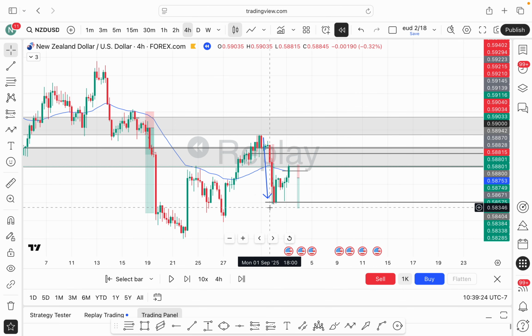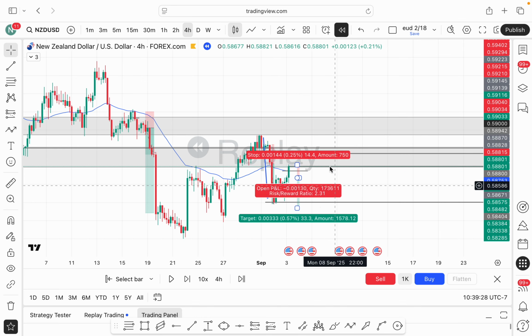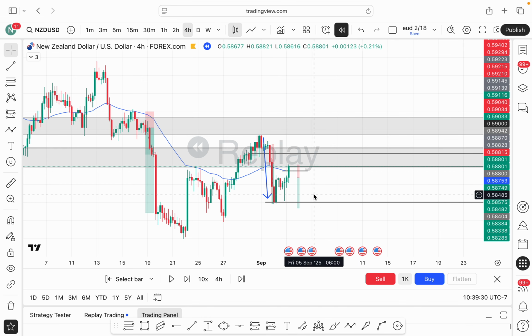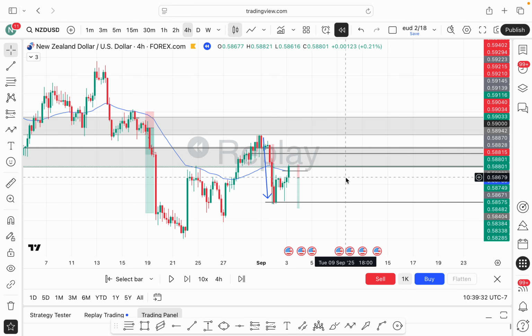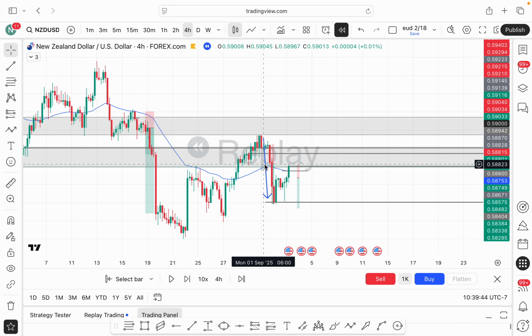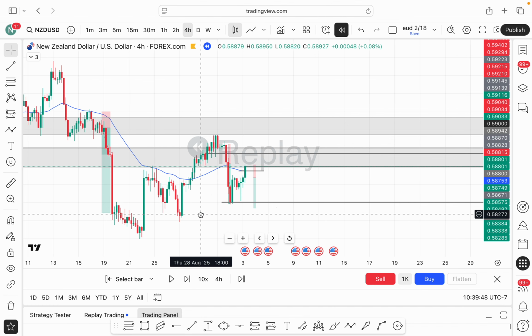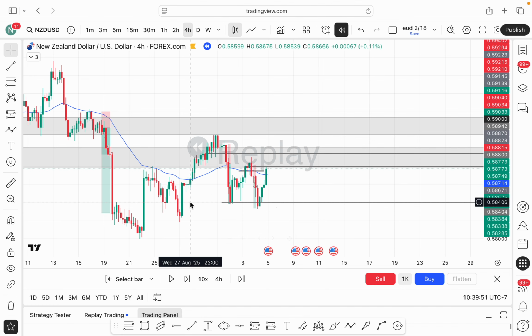So supposedly, once again, if the 4 hour breaks, wait for the lower high, and then look for a shift of structure, break of structure, on 15 minutes, 30 minutes, or an hour, whichever is very clean. So I made a big mistake on this. Not going to happen again.